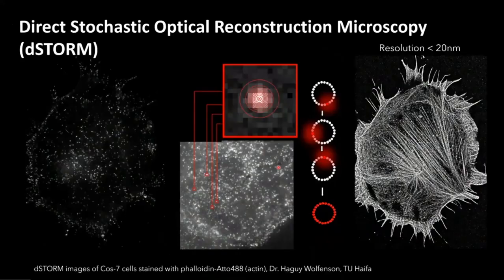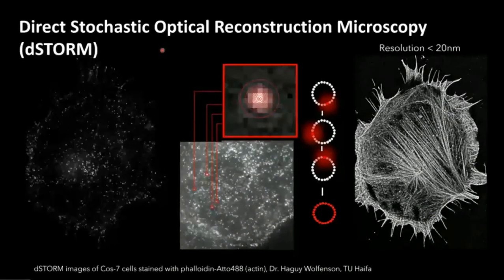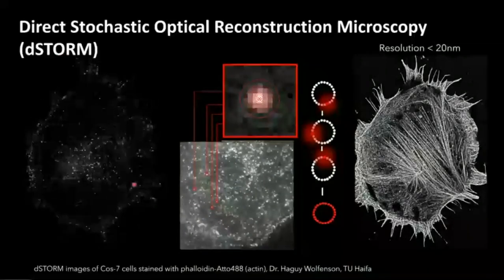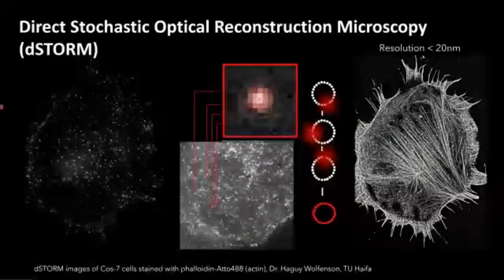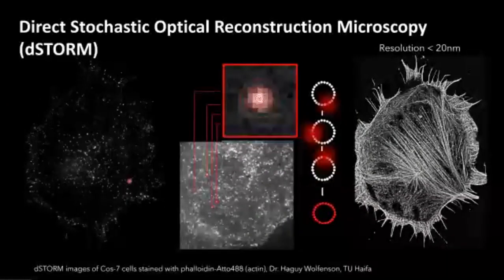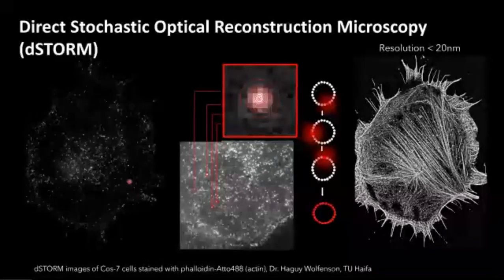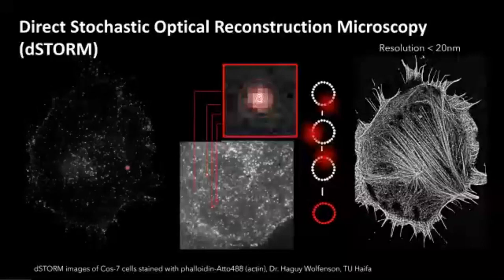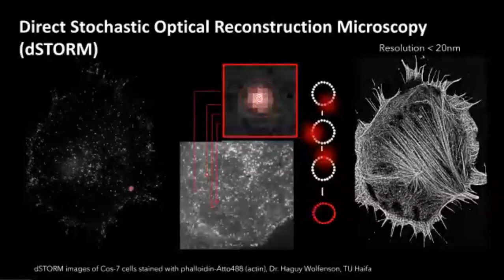One single molecule localization microscopy technique is called dSTORM, where we use specific commercially available dyes that have intrinsic properties where if you excite them with very high laser power, combined with a special buffer, they enter into a state called the dark state. Fluorophores in the dark state will randomly blink on and off, where at any given time, only a fraction of the fluorophores will be on.